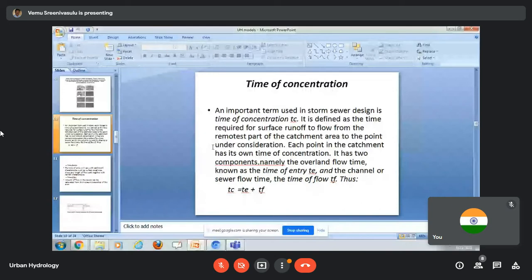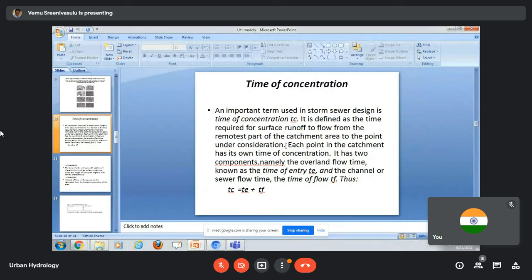Say, for example, if rain falls on Nasik in Maharashtra, that rain will take about 2 days to reach the Dhavaleshwaram point. Therefore, the time of concentration for that area is 2 days.